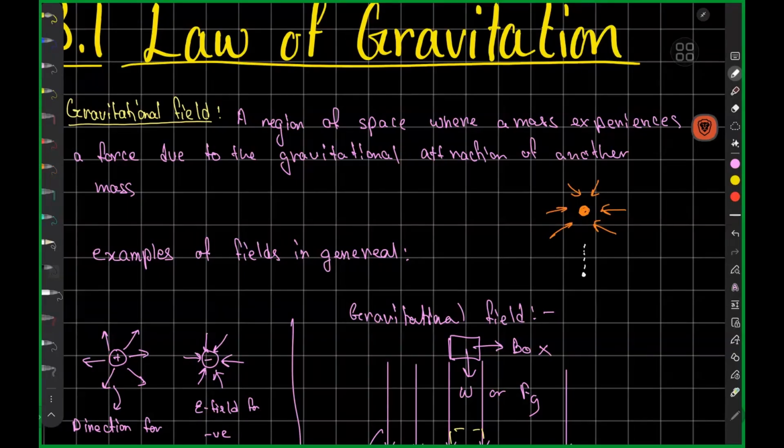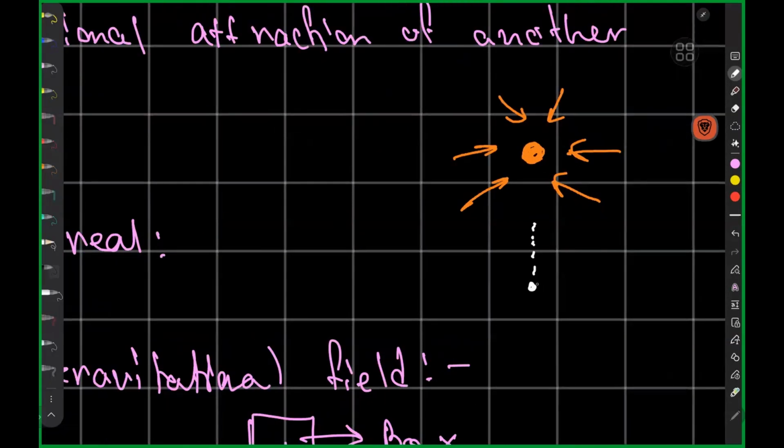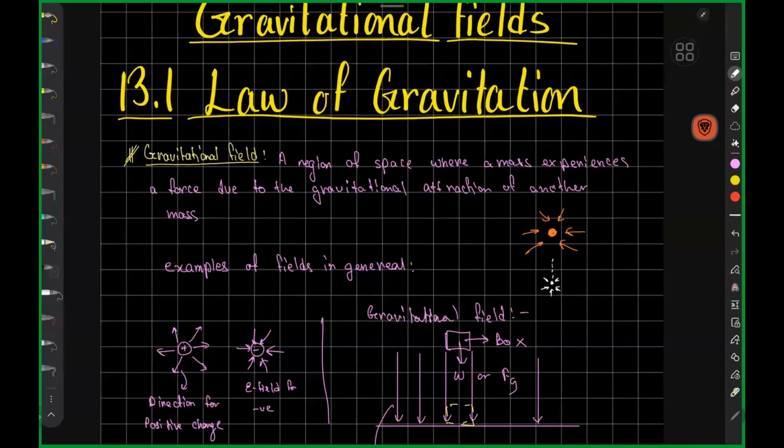What is happening over here is there's an attraction between this object and me. Mind you, even though I'm a much smaller object compared to this larger object, I also have a gravitational field. Don't think that I don't have it.